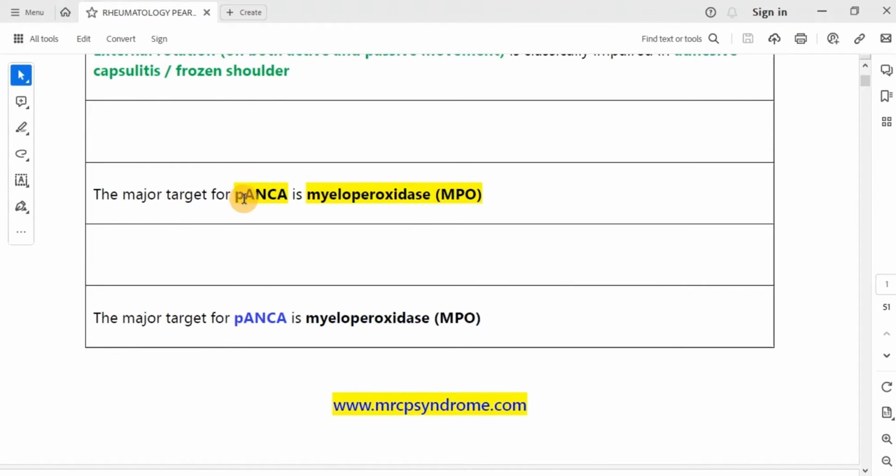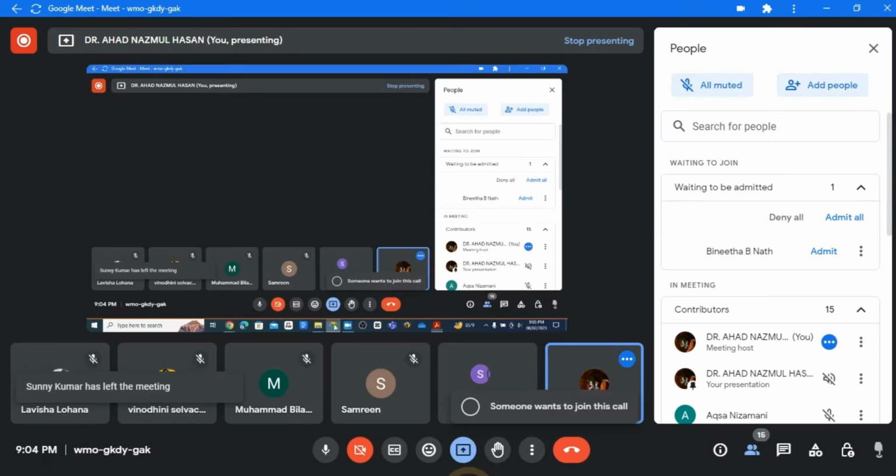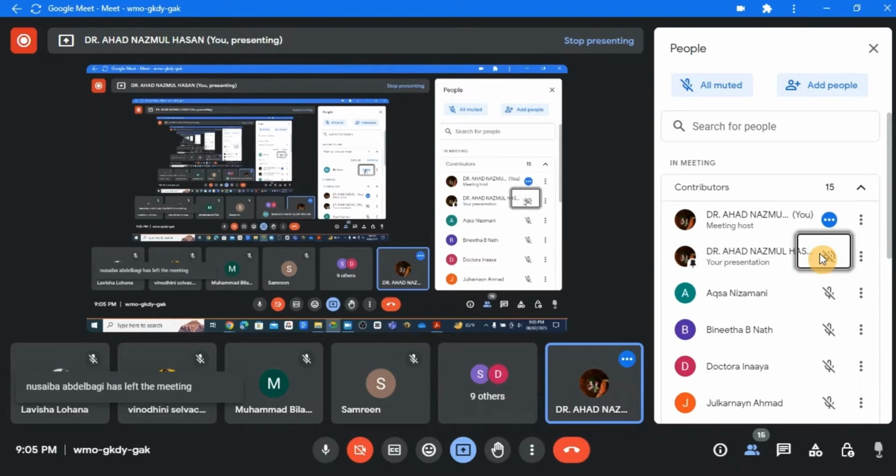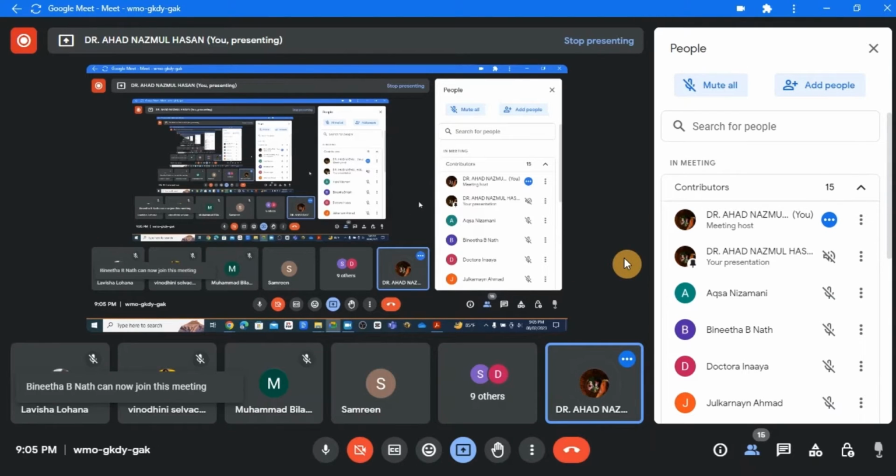The major target for ANCA is myeloperoxidase, also known as MPO. Can you tell me in which conditions ANCA is most commonly positive?